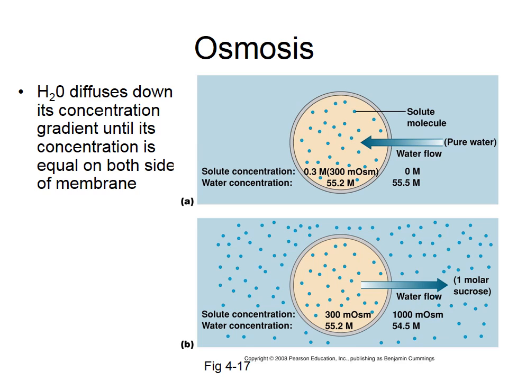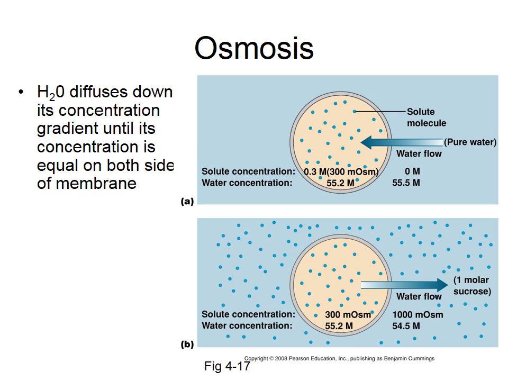Here we have a cell with a phospholipid bilayer. This cell has an intracellular osmolality of 300 milliosmoles, which is normal. So there's 300 milliosmoles of solutes inside the cell. And we dump that cell into pure water or deionized water.